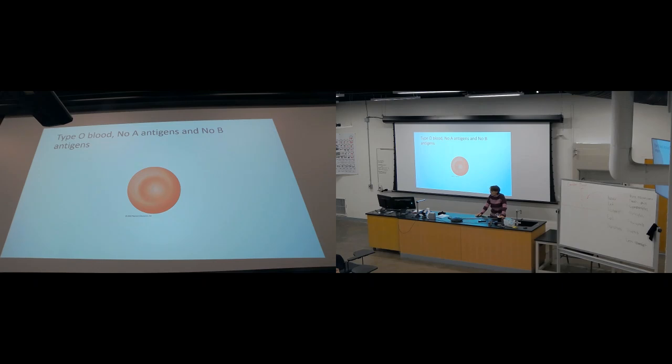So the negative means the antigen isn't present? Isn't present, and that will be the D antigen, which is also known as RH. RH is from the species of monkeys where they discovered this antigen for the first time, which is the rhesus monkey.